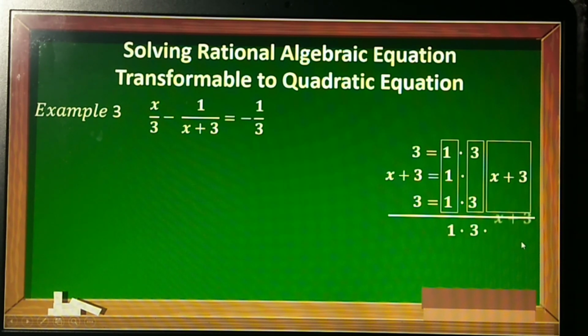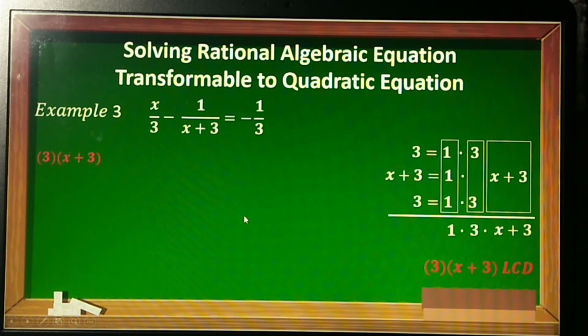Yan. And yan. So, 1 times 3 is equal to 3. Yun yung LCD natin. So, 3 tapos x plus 3. Pwede naman natin siya i-combine or i-distribute. Kaso, sa case na ganito, mas maganda kasi na factored form na lang yung gagamitin nating LCD kesa dun sa product. Kasi, mas madali siyang gawin dito.